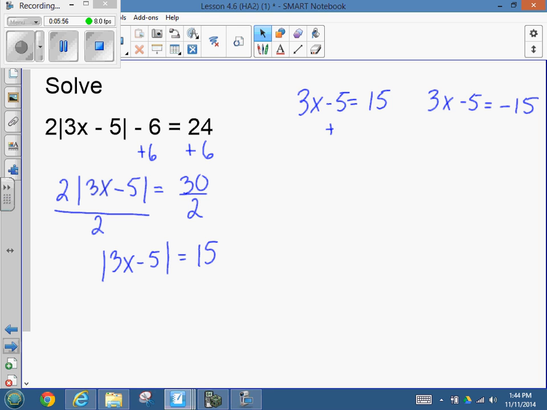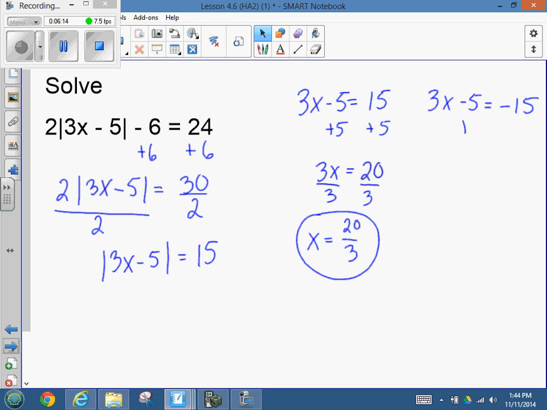We're going to add 5 on both sides of the first equation, and 3x equals 20. And then, of course, divide by 3 on both sides, and x will just equal 20 thirds. First solution. Second solution, add 5 once again. You see these steps repeat.